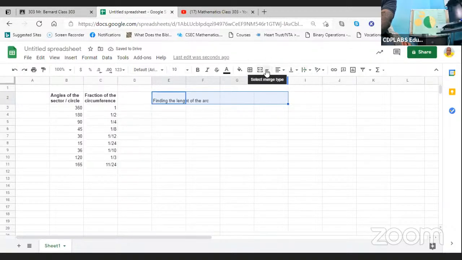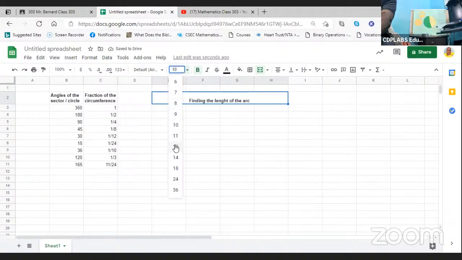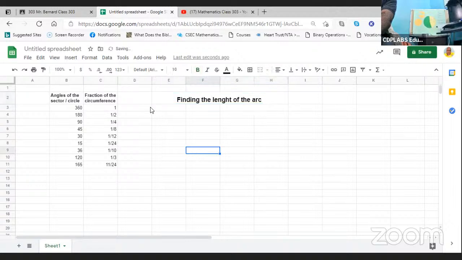Finding the length of the arc. Okay, so we're going to put this in the center. Now to find the length of the arc, we need to have our angle. Let's put the fraction of the circumference, that is.